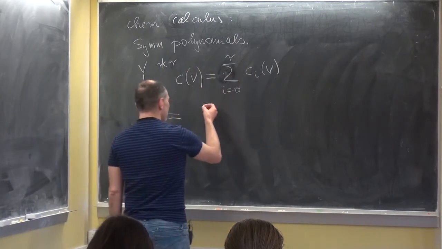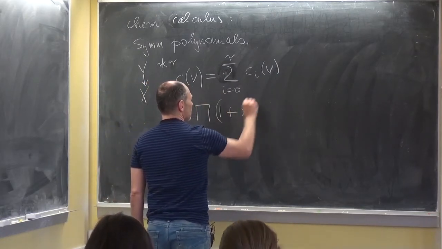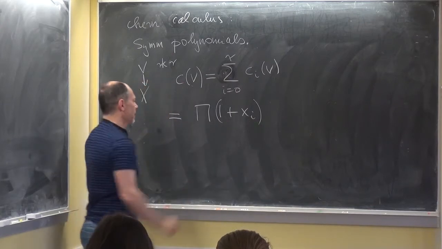So we can write it this way, where I'll just denote these Chern roots by x_i.